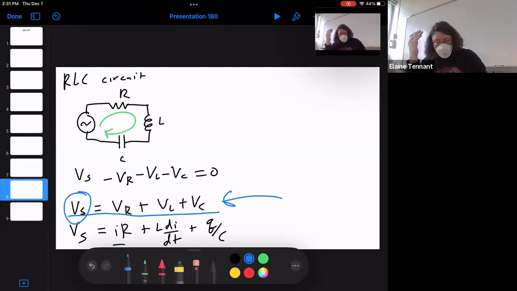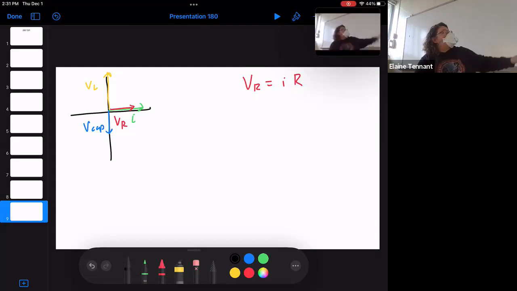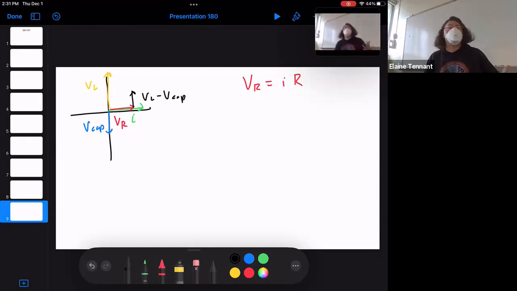And the source voltage is all three vectors added together. But since I put this time dependence on it, I need to treat it like that. So I'm adding my VL to my VR to my VCAP. Since my VL and my VCAP are in the same dimension, I just add them together with the inductor being positive and the capacitor being negative. So the overall vertical voltage is going to be smaller than it was before because I'm subtracting off that capacitor.